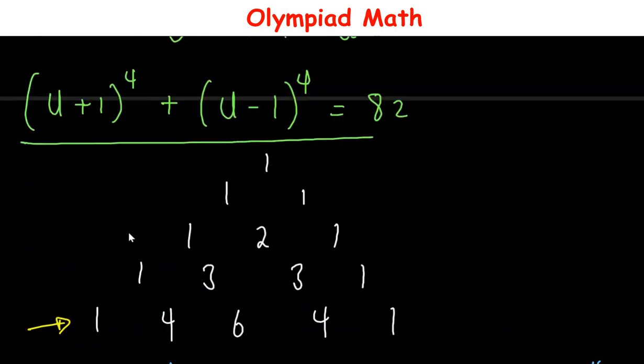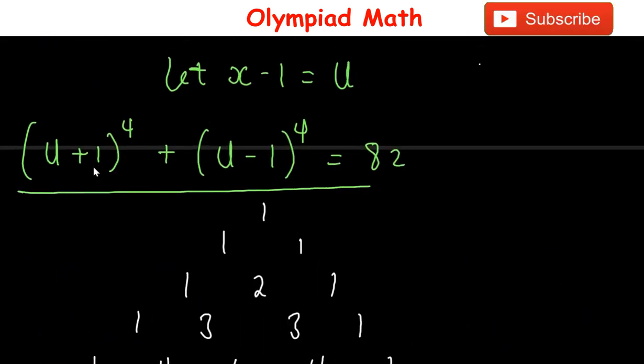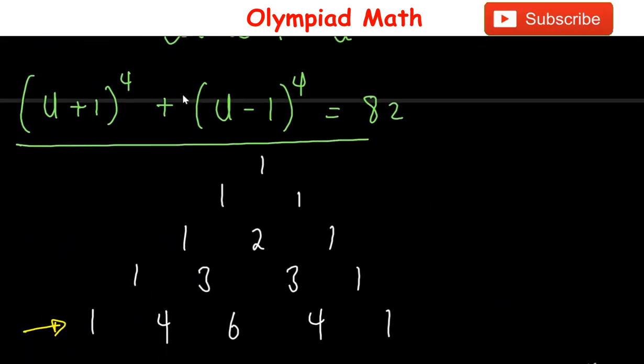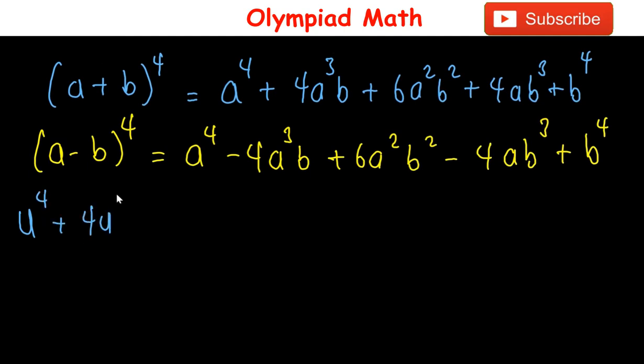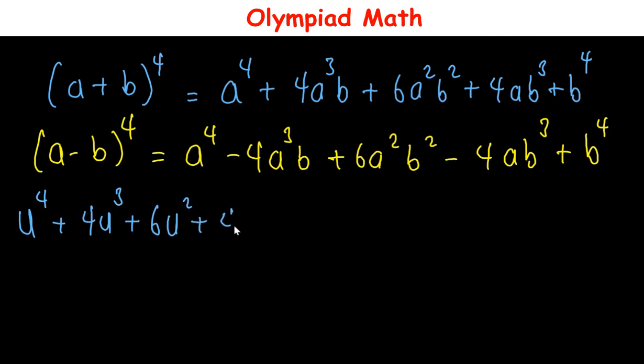So following this, (u plus 1) to the power of 4, applying the first rule, is equal to u raised to power 4 plus 4u cubed plus 6u squared plus 4u plus 1 to the power of 4, which is 1.